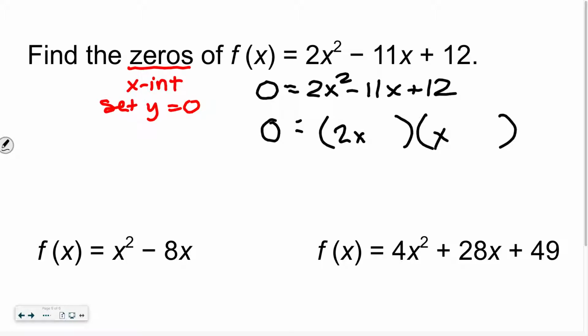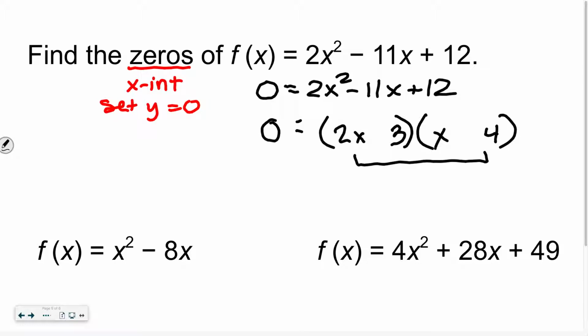Well, it'd be 12 and 1 if the a value was 1. But one of them is going to get multiplied by 2, right? So if you did 12 and 1, you'd have 24 and 1. Or 2 and 12, which would be 10. 3 and 8, but then use 3 and 4, right? So let's put a 4 and a 3.